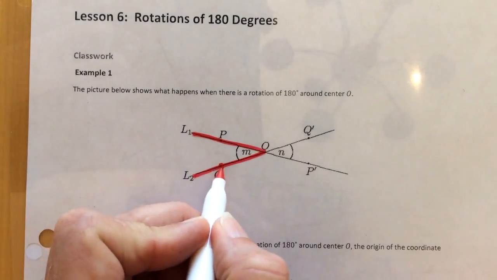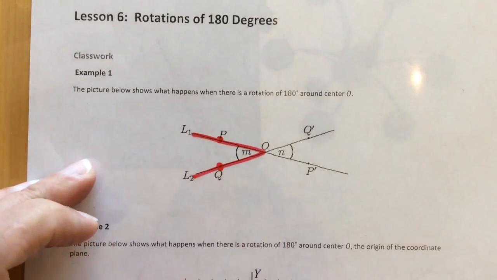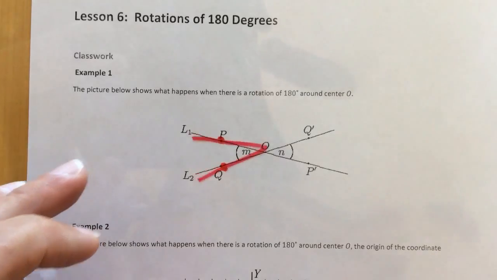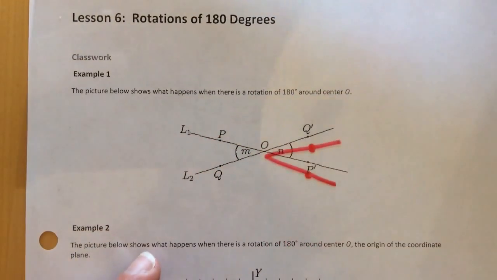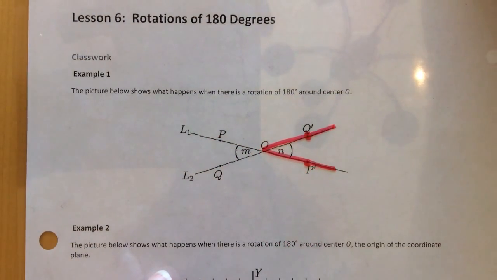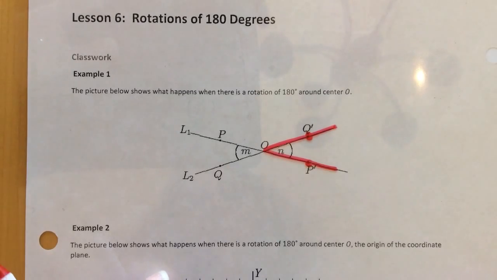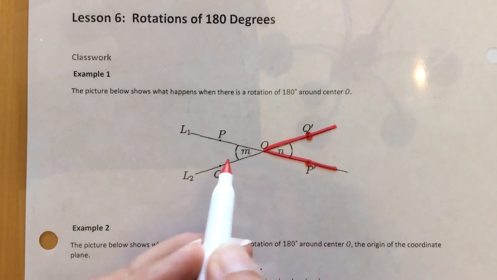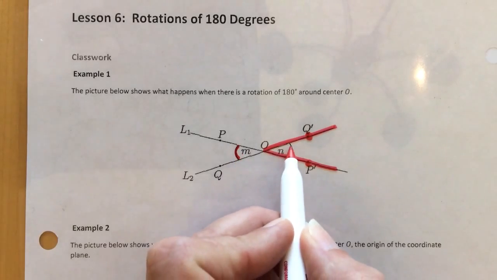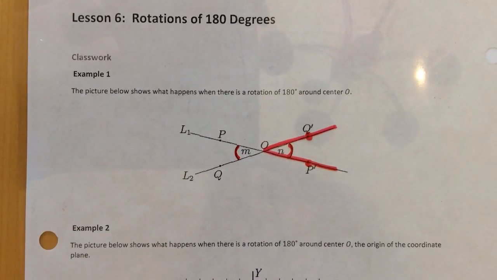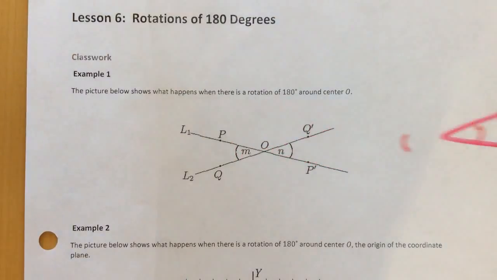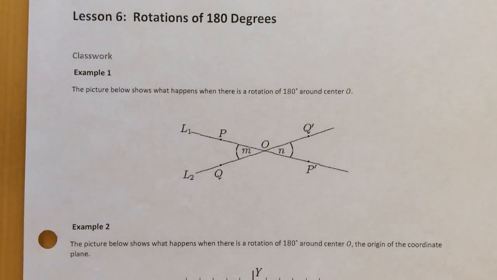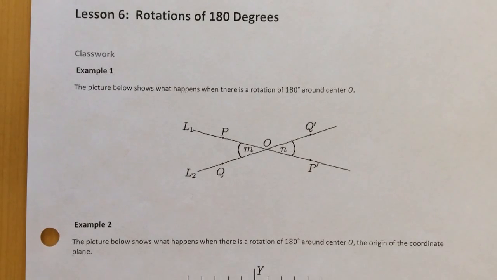And when I do that, because I know that those points are going to end up on the lines over here, I know because angle measures are preserved in a rotation that this angle must equal that angle. So vertical angles can be proven to be equal in other ways, but rotation is a really quick, slick way of proving it as well.